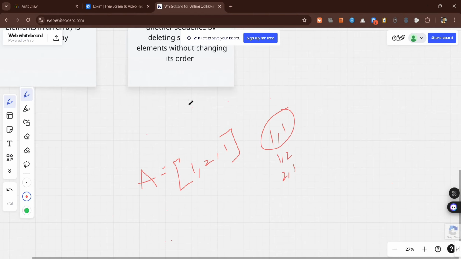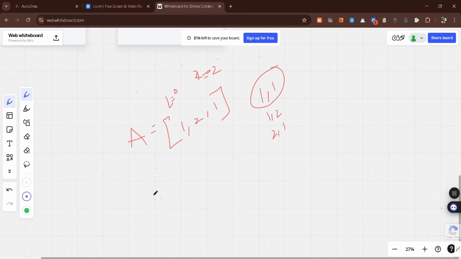Let's find it here. Let us take 1 comma 1 as the first pair. L is equal to 0, R is equal to 2. I have taken 1 comma 1 as a pair, and we need to find the m value for that. Let us find the m value.